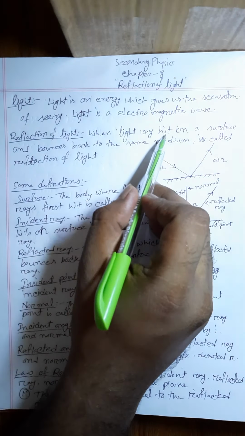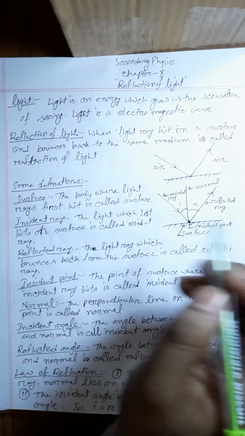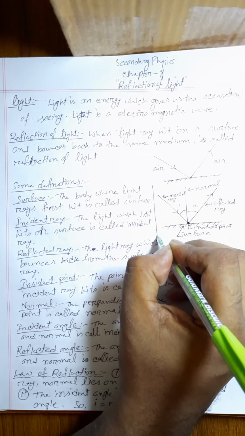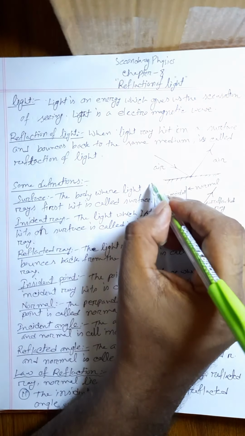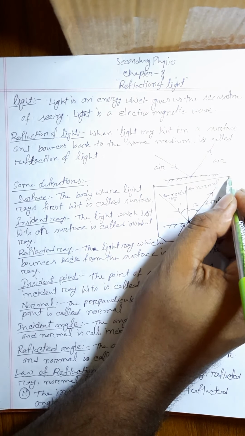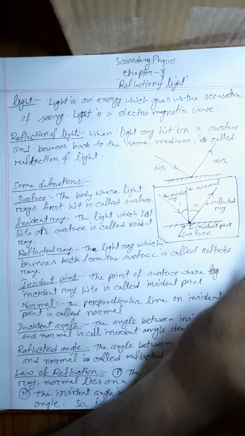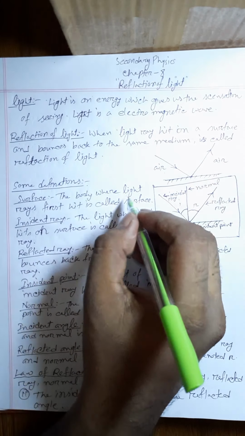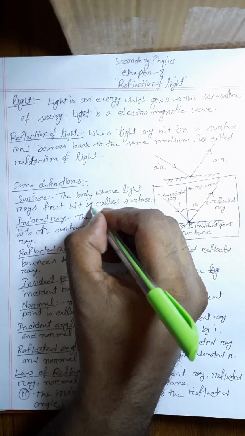Now, I come to some definitions regarding reflection of light. Firstly, you focus on this figure. I mark this figure for you. These definitions are all about this figure. Surface, the body where light rays first hit, is called the surface.